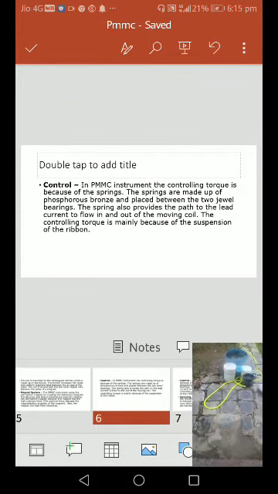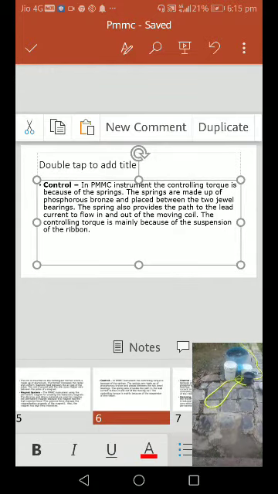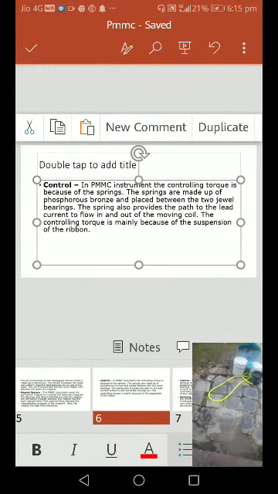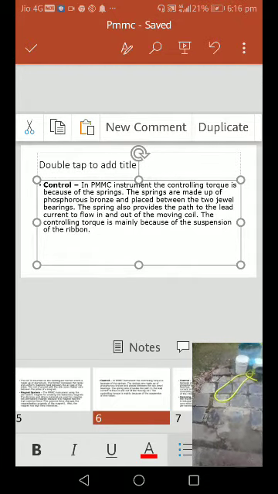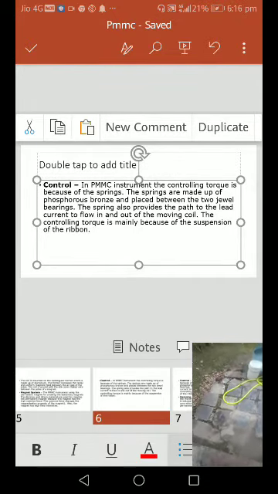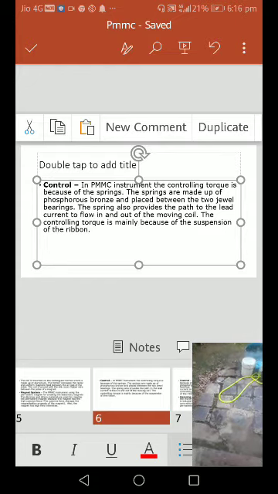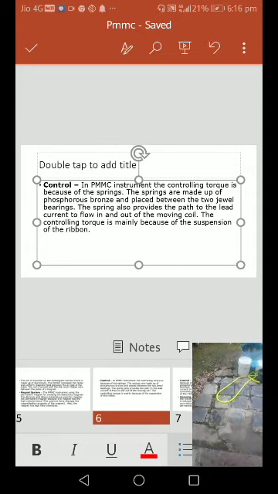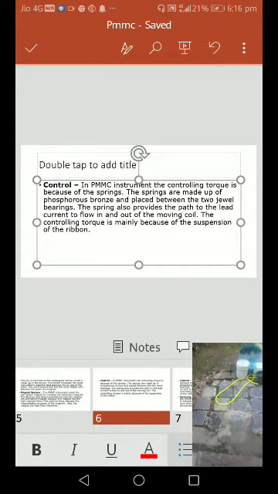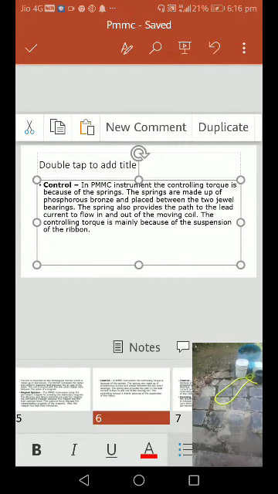The springs are made up of phosphor bronze and placed between two jewel bearings. These two bearings are at the top and bottom, controlling the speed and balancing of the instrument. The spring also provides the path to the lead.